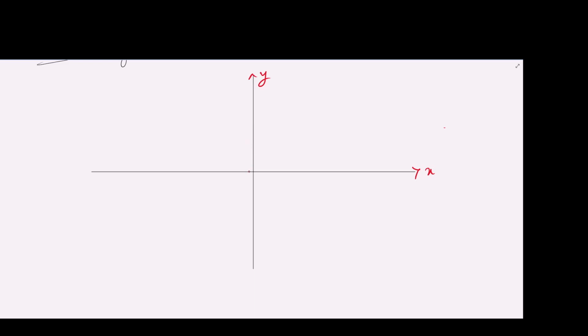So we have pi by 2 and we have pi. So we will plot the graph of tan theta up to theta equal to pi, because period of tan theta is equal to pi. Now draw vertical lines through pi by 2. Again draw another vertical line through theta equal to pi.